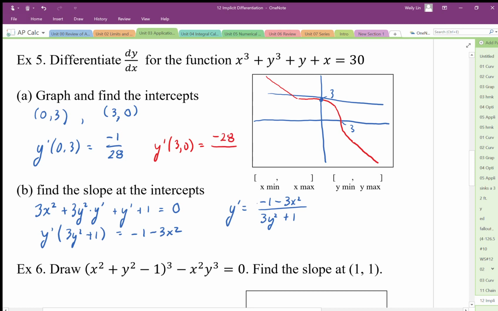Okay, and y is 0, so that's going to be 1 on bottom, so it's going to be a slope of negative 28, so it's going to be a pretty steep slope here. Okay, so that's my derivative, and those are my slopes through those points, and I need those x and y coordinates to be able to calculate the slope using that implicit function.